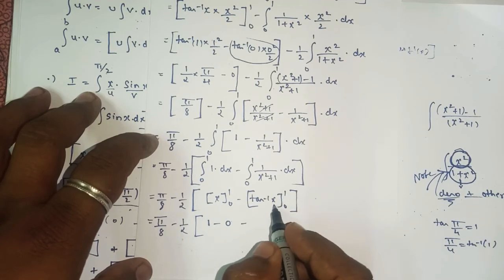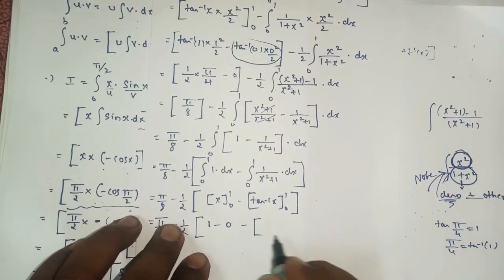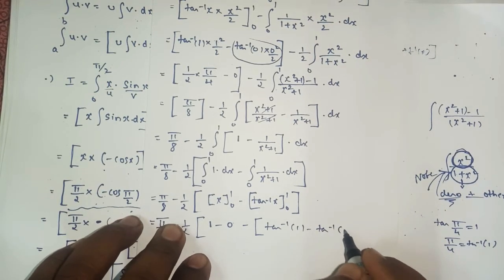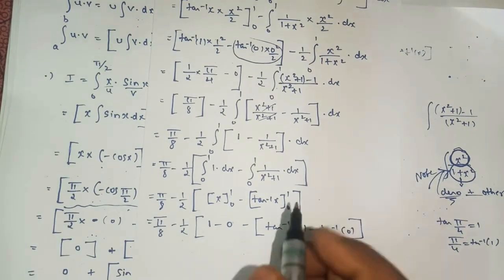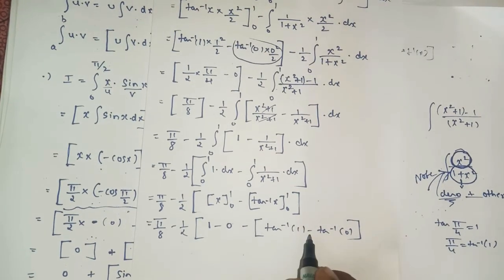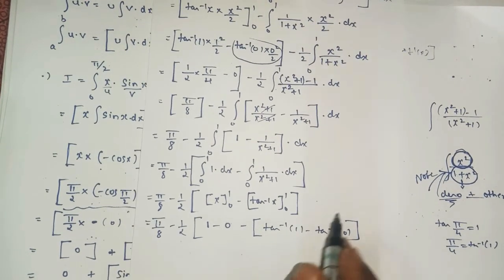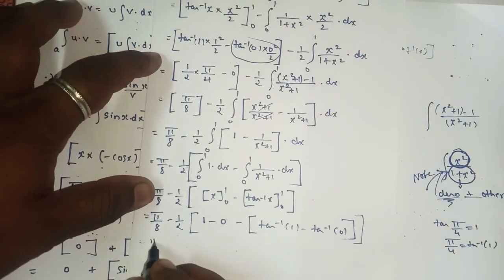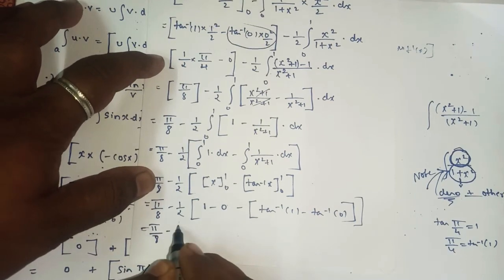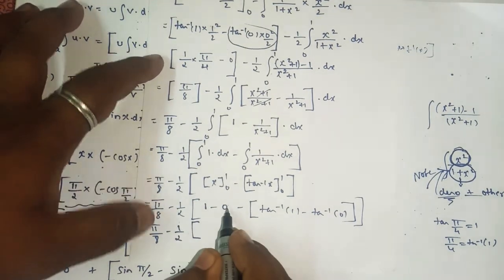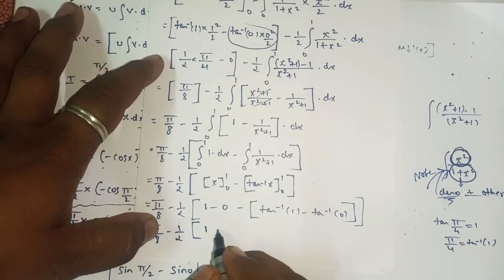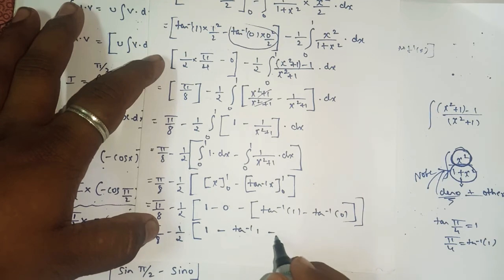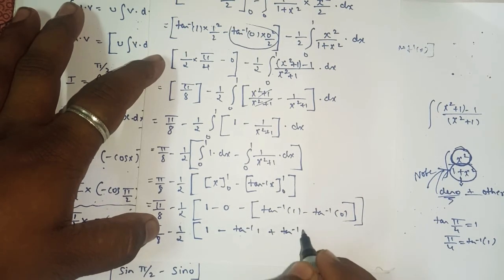Here also the same, first replace x by 1 and then by 0, and see to it that minus is there, so your sign will change, so you will write the section inside the box. So now here pi by 8 minus 1 by 2, 1 minus 0 will be 1, minus tan inverse 1, minus minus will be plus, so tan inverse 0 you will get.